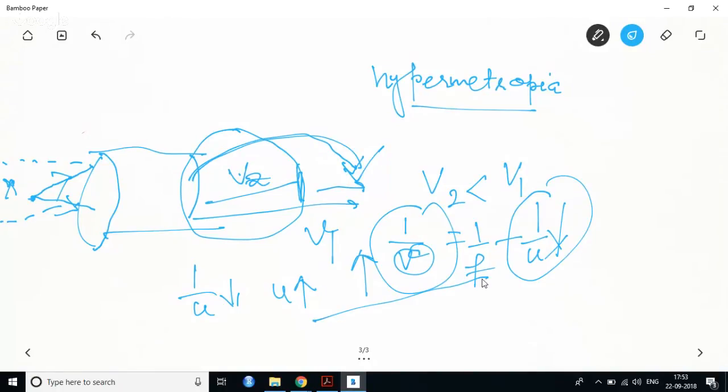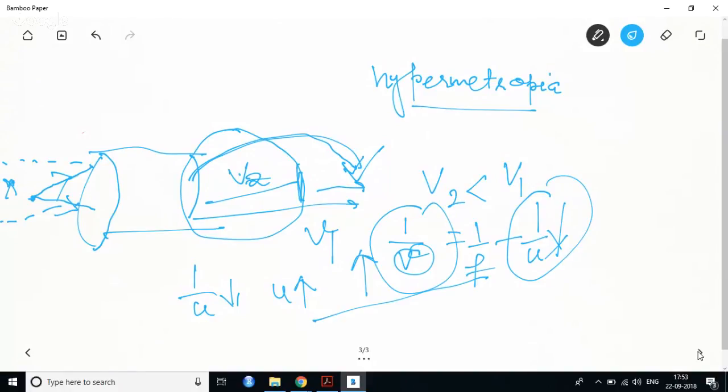For correcting his near vision, he needs a lens of 1.5 diopter. What is the focal length? So all of you know that when you know the power, you can find out the focal length. How can you find out the focal length?